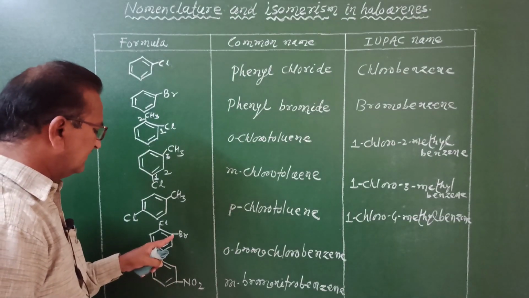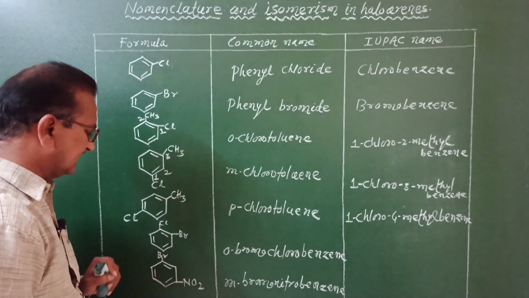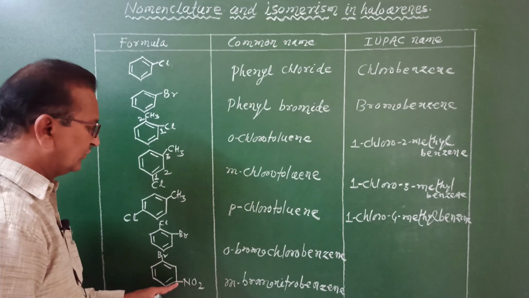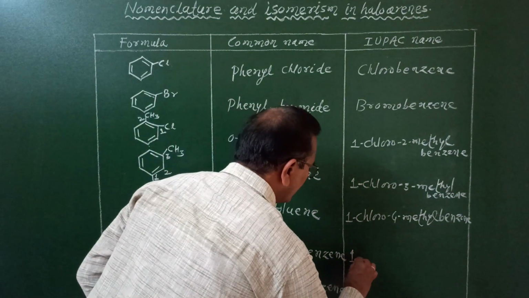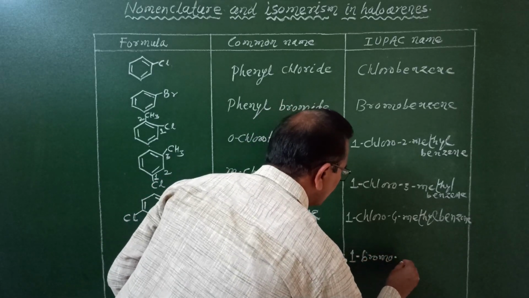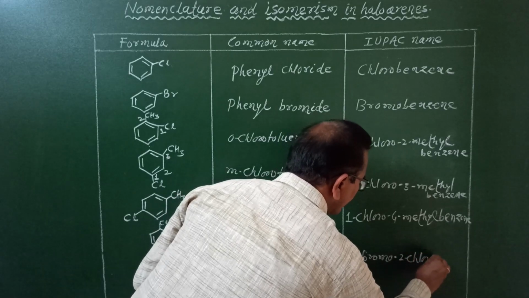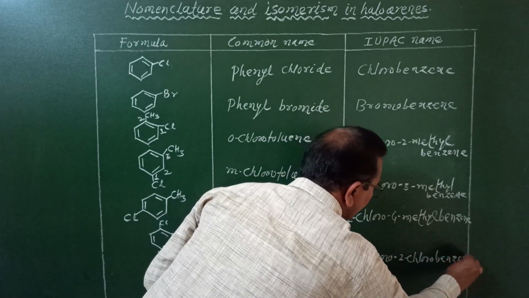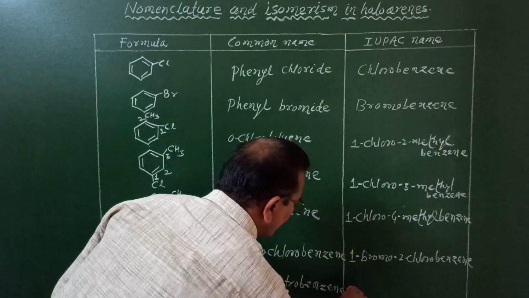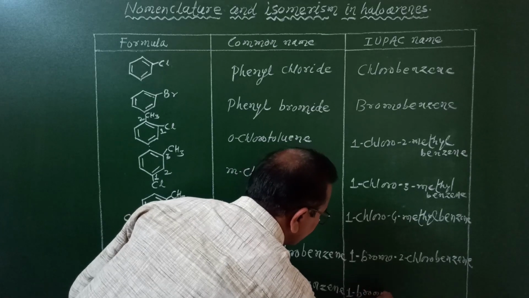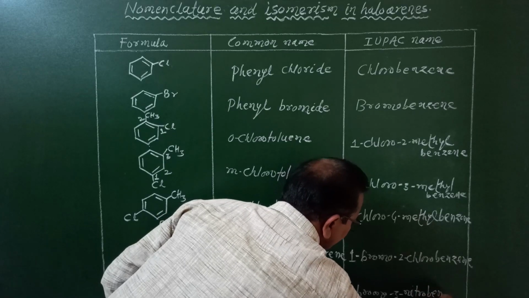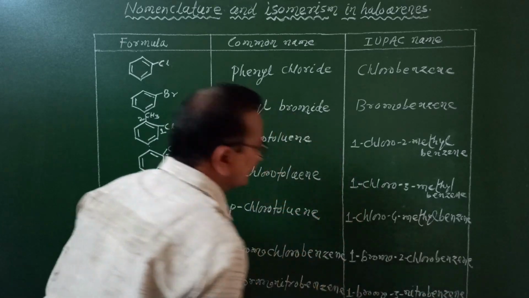That's why 1-bromo-2-chlorobenzene, 1-bromo-3-nitrobenzene. These are the IUPAC names.